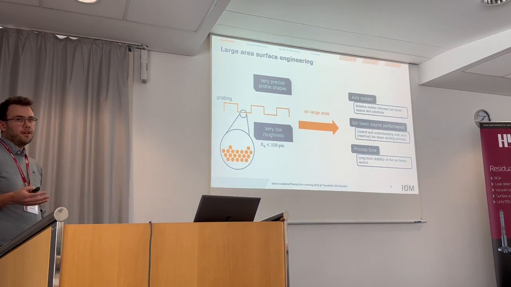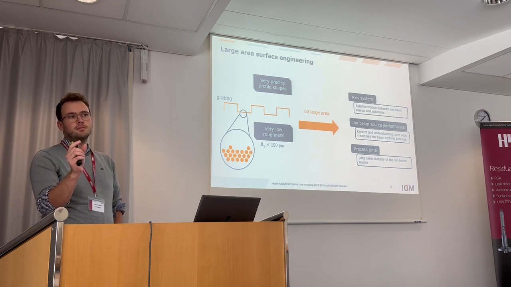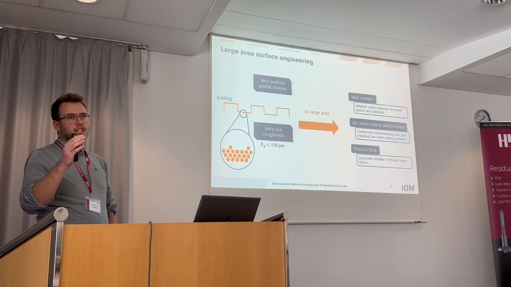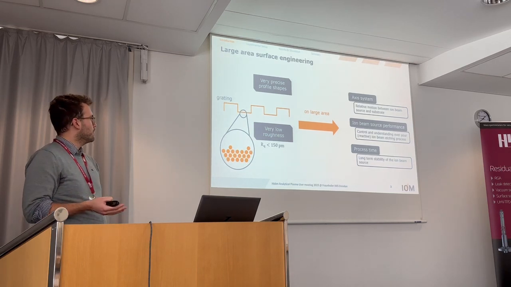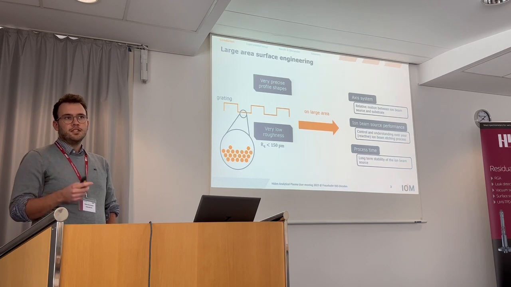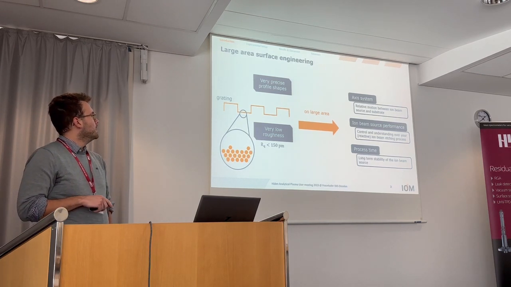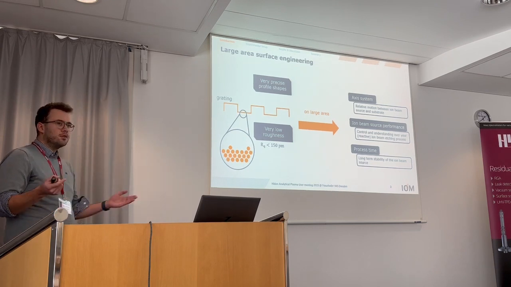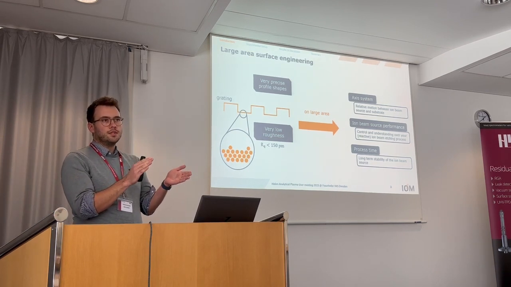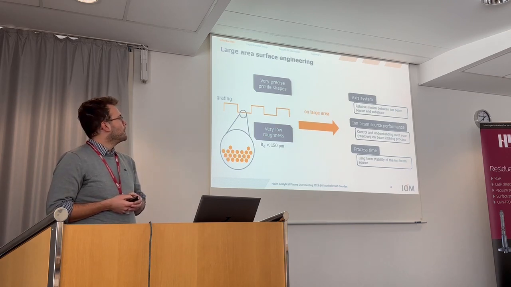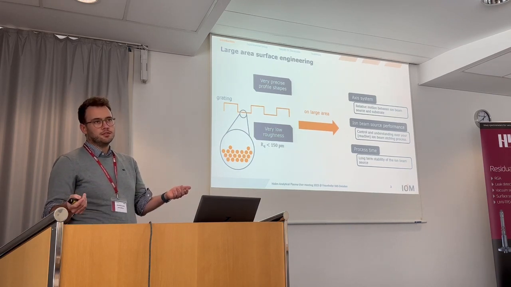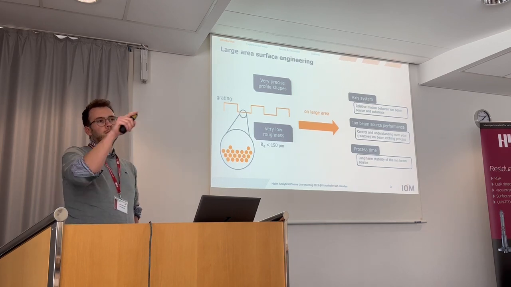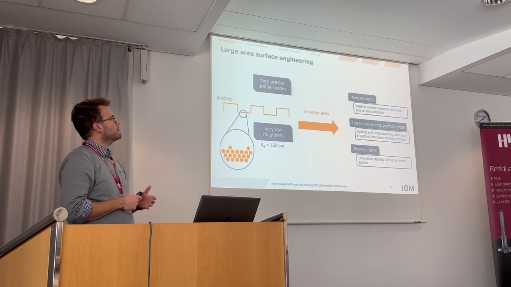But there are also some challenges we have to overcome when we want to produce such gratings. It's always easy to do that in the lab on a small scale, so you have your 1 by 1 centimeter samples. But the biggest challenge is to have these precise profile shapes and your very low surface roughness, we speak about sub-nanometer surface roughness, RMS, and bring that to the large area. And here's the problem: your ion beam source, we're using an ion beam source with 120 millimeters diameter, is much smaller than the substrate you want to process. Therefore, you need an axis system, so you need a relative motion between your ion beam source and the substrate.